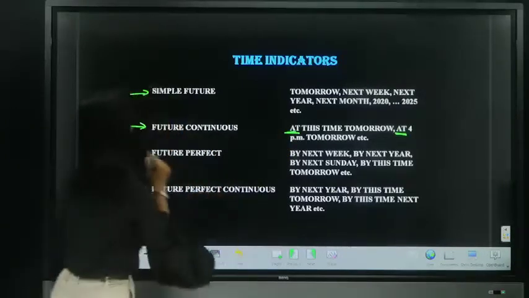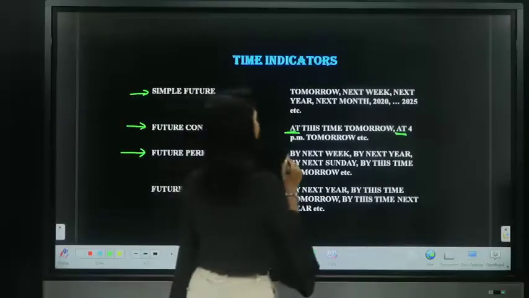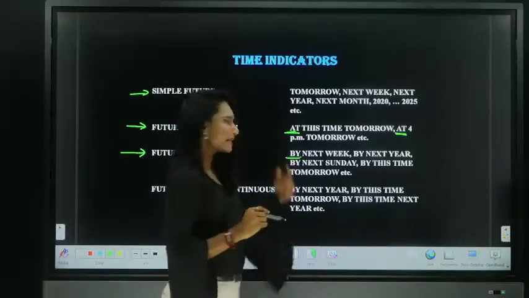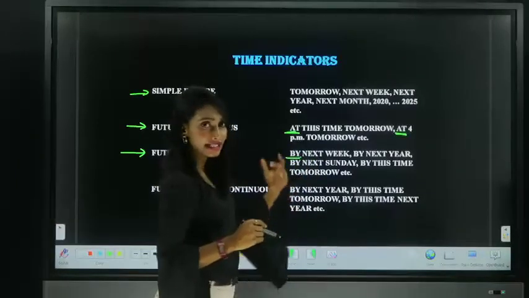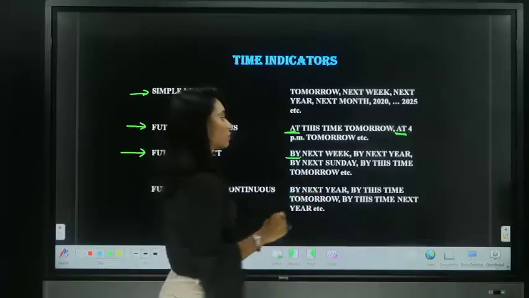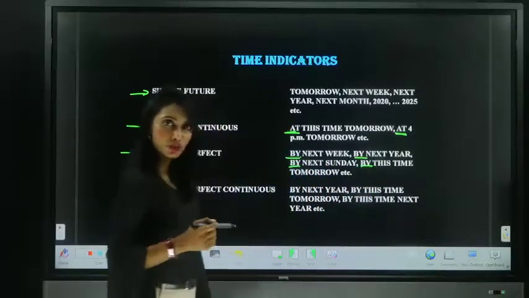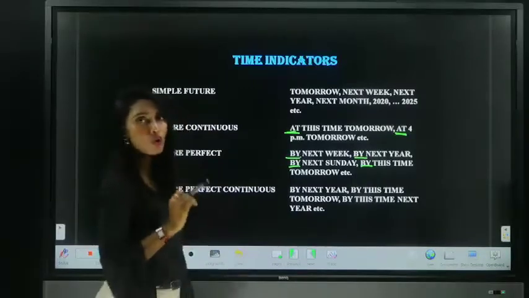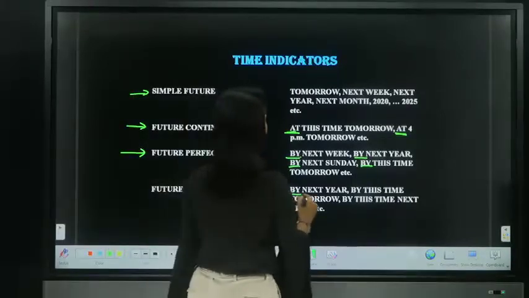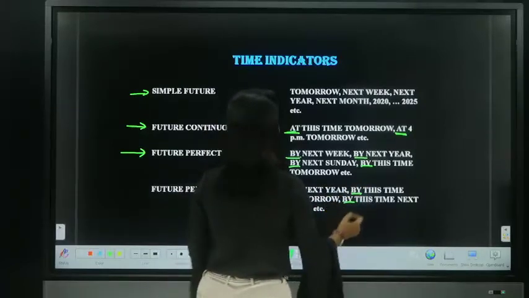And for future perfect tense, the time indicators begin with by: by next week, by next year, by next Sunday, by this time tomorrow. So the time indicators start with by. And for future perfect continuous also, the time indicators start with by: by next year, by this time tomorrow, by this time next year.